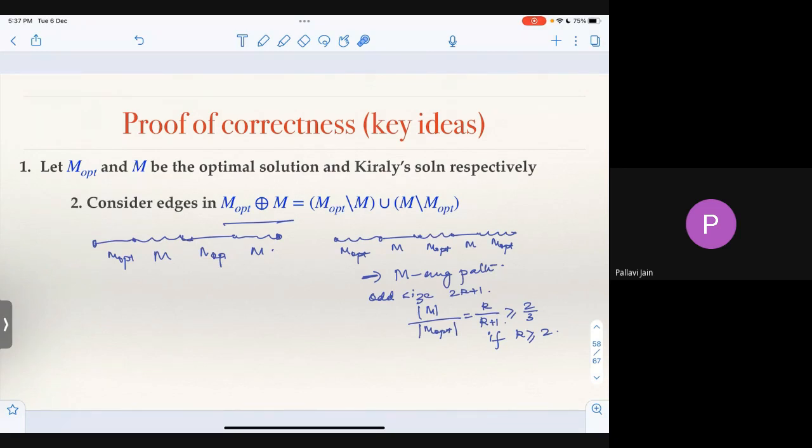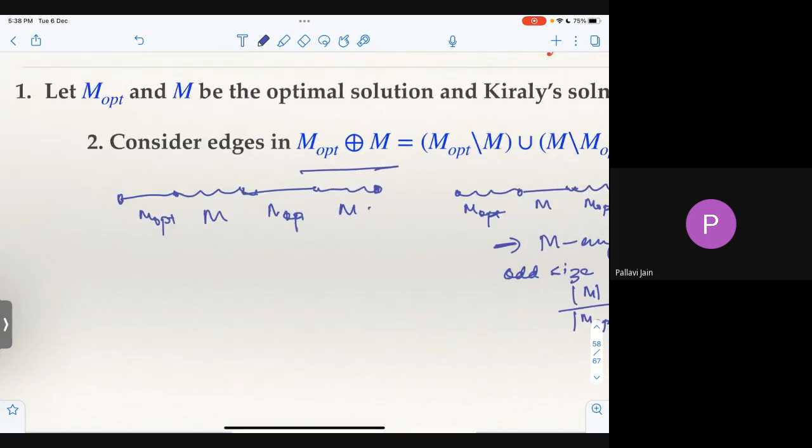Now that's true if I can show that k must be at least 2 or more. So for this whole idea to work, I should prove that no, very good. Therefore, no three-sized M augmenting paths exist.